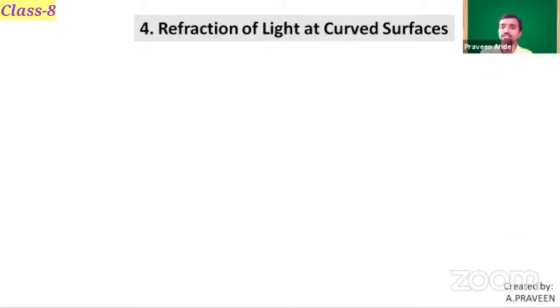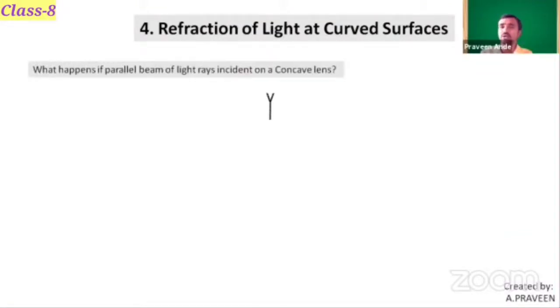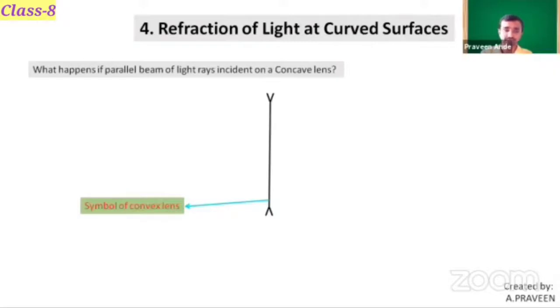We can show this representation by using the symbol of a double concave lens. Here it is the symbol of a double concave lens. See, the symbol here is written as a double convex only. Here it is a mistake. Notice this one, it is concave. Right? So it is the concave lens symbol.